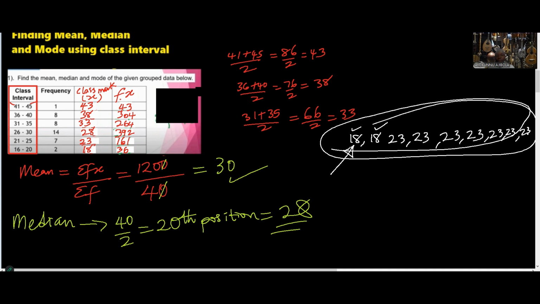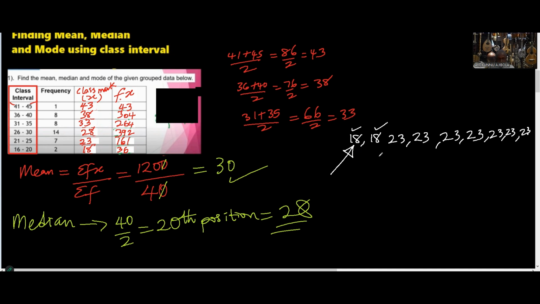Yes or no? So what position are we looking for? Halfway, yes or no? What is the halfway of 40? 20. You understand why it is the 20th position, right?